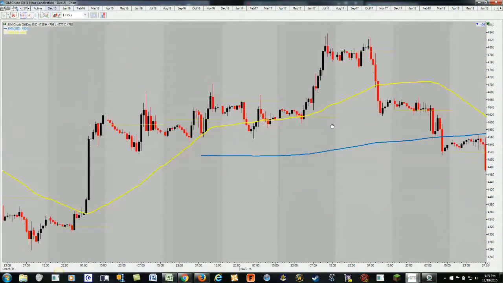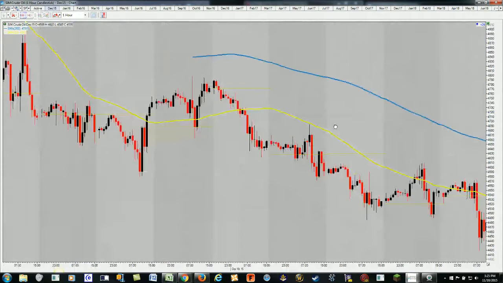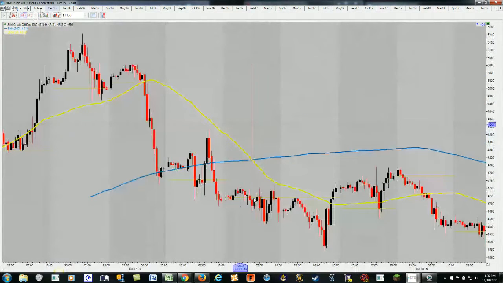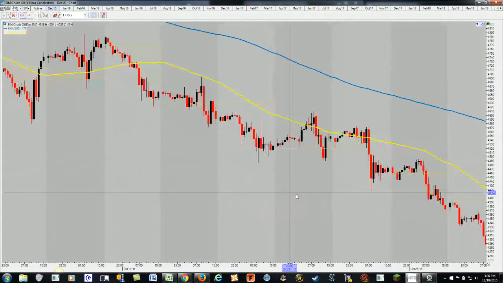Well, now we can tell that our hourly chart is giving us a different picture, right? We can see this area right in here. Here's October 14th of 2015.